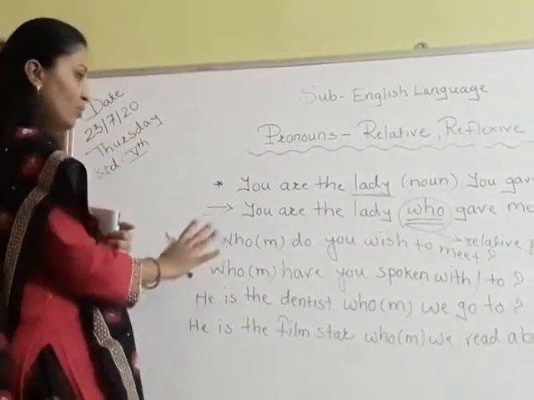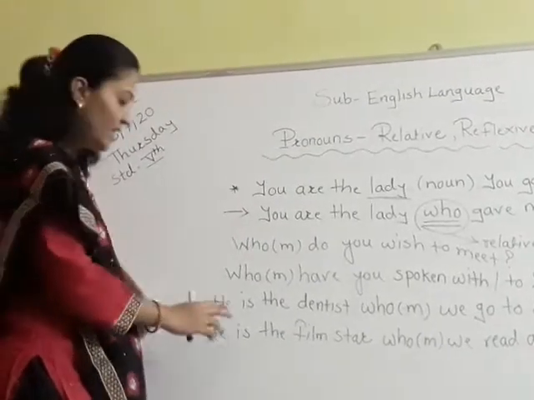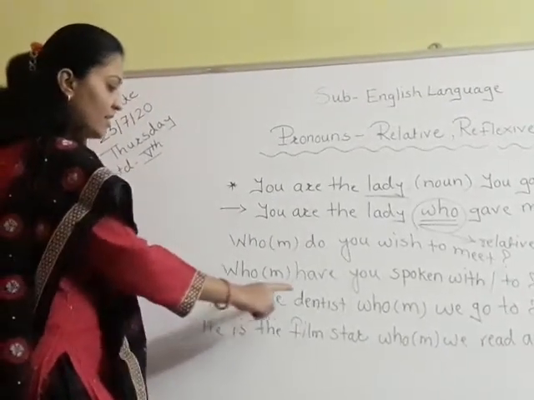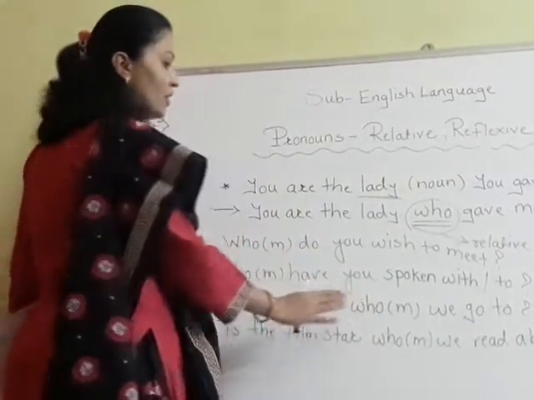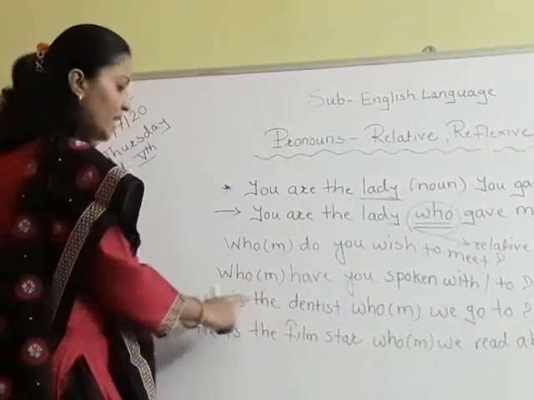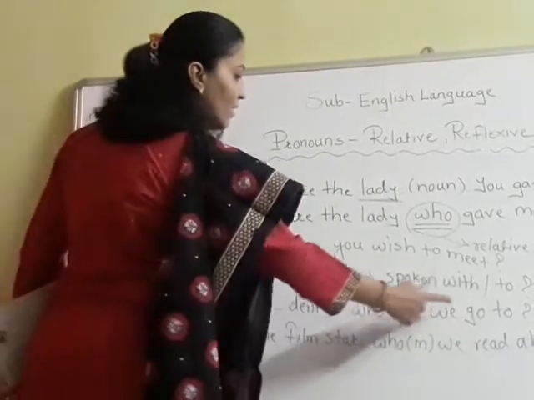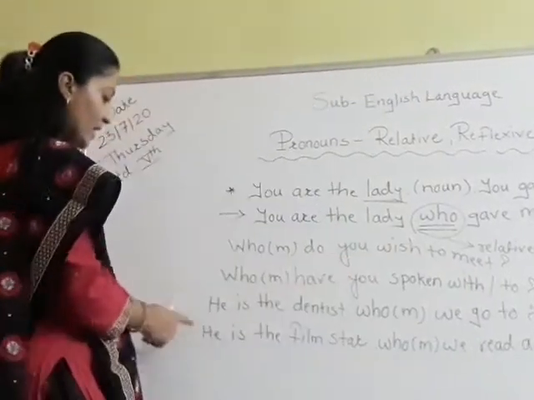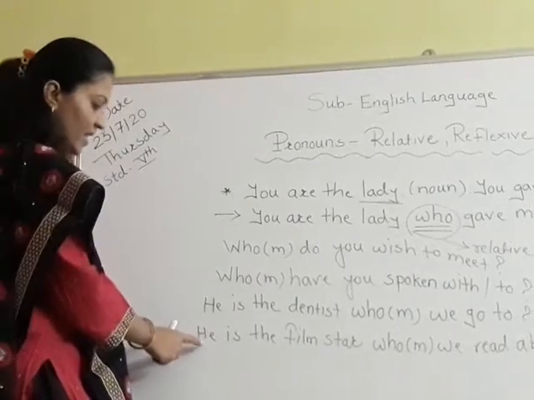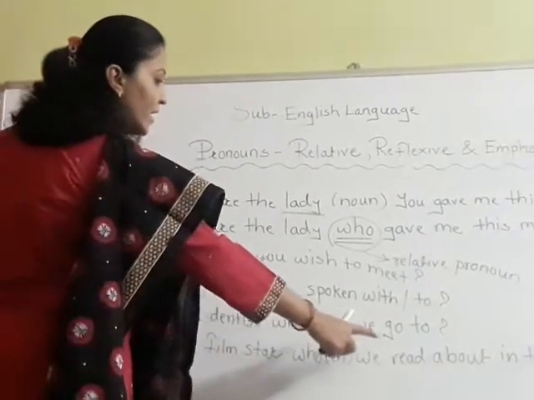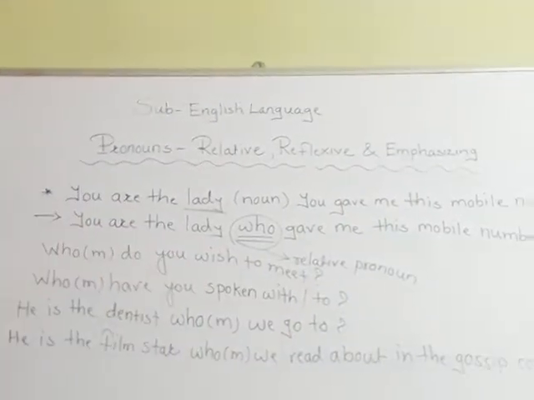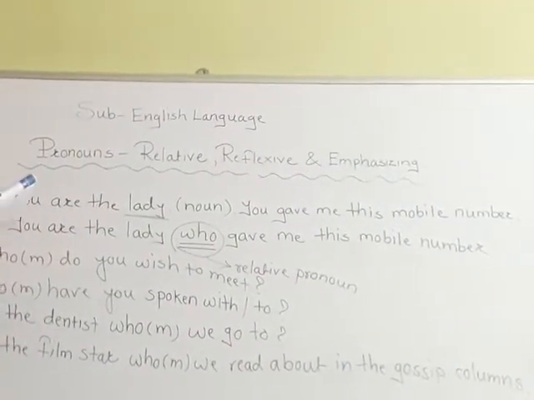So these are the two different sentences. Now see this sentence. He is the dentist who, we will not use who here. He is the dentist whom we go to. Then next sentence is, he is the film star whom we read about in the gossip columns.